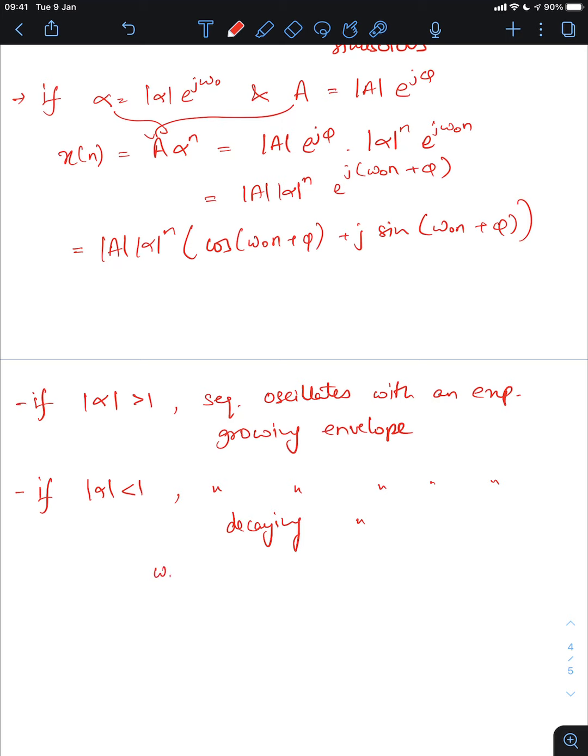Okay, so many times we call omega naught the fundamental frequency. We will talk about it later in the course. And phi is the phase.